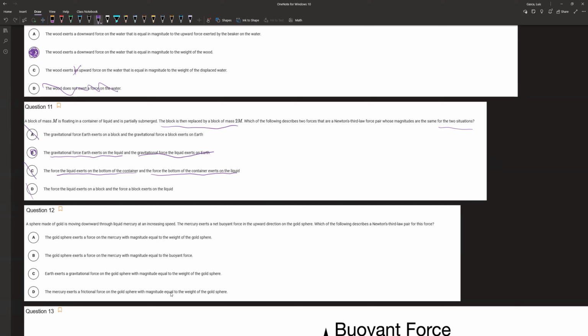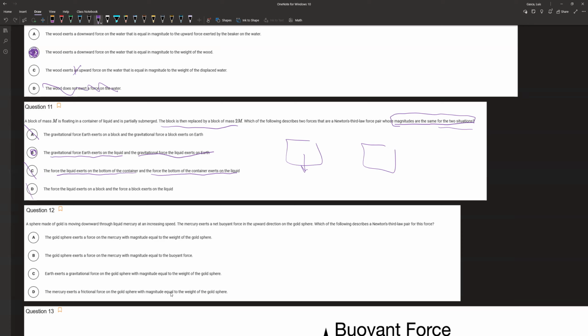I misread the question. The magnitudes will be the same in the two situations. Because the water is still the same amount of water, the weight of the water will be the same. That's why C is not true, because the force in the two scenarios are different.